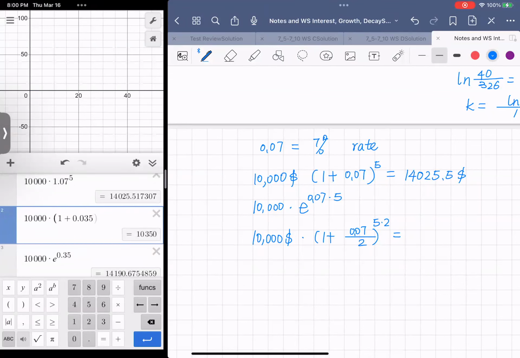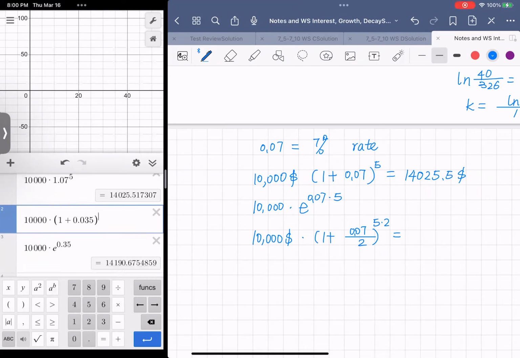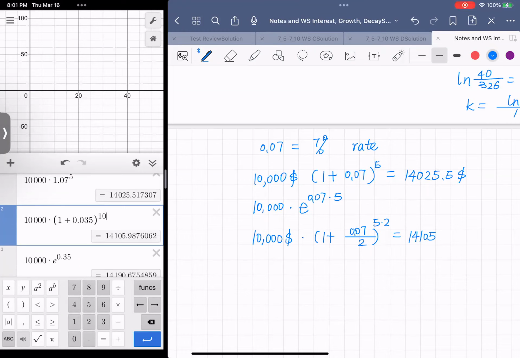But because it counts your interest every half year, you have this compounding happen 10 times. So you will do this to the power of 10. Okay? So you will have this amount of money.